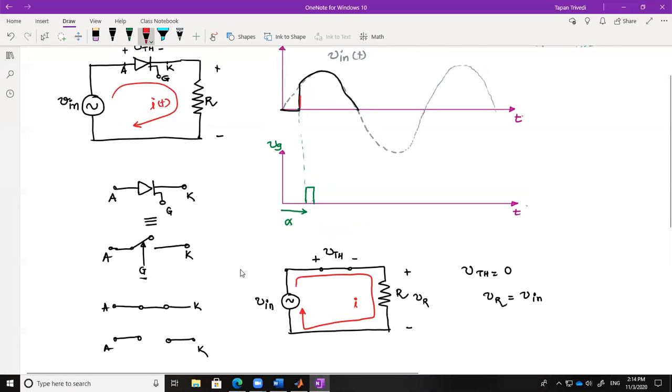So the current IR is given by VR by R, or you can say V in by R. So the current will simply follow the voltage. Now here the current becomes 0. This is 0. So the current becomes 0. This is I.